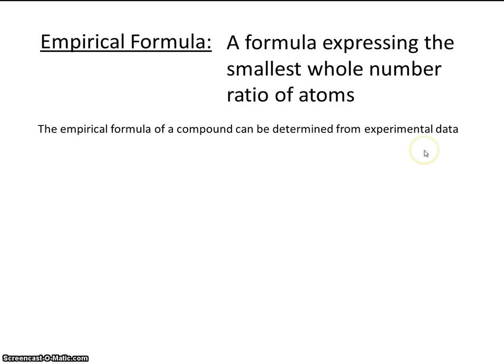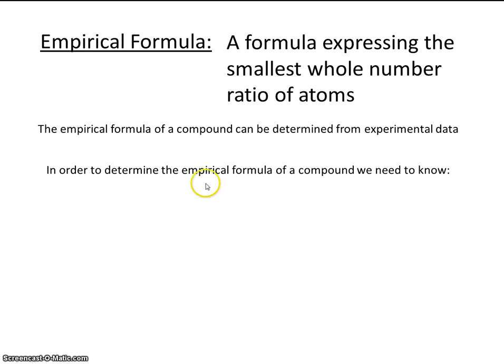But what we can do is figure out the empirical formula using experimental data. In fact, another name for empirical is experimental. So if you want, you can think about the empirical formula as being called the experimental formula. It's something that we can determine in the lab.